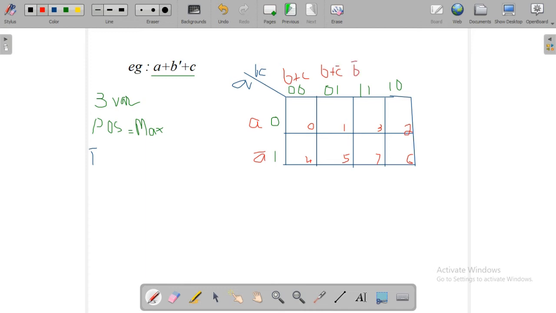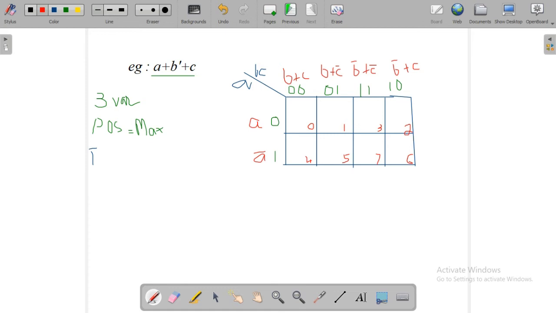Next one B dash plus C dash. Next one B dash plus C. So this is POS or max terms. That's why we have to write these binary values as B plus C. Plus symbol we have to add, but in the case of SOP we have done like B into C or BC like that. That is a multiplication. Here sum of all literals.